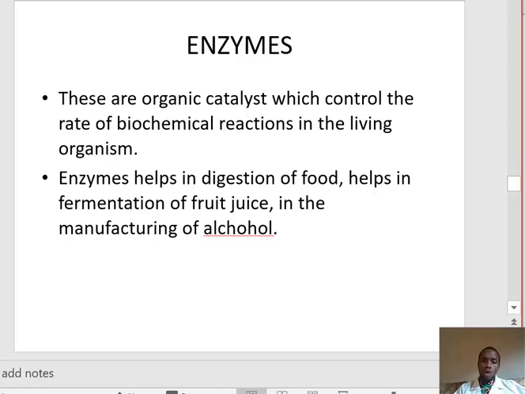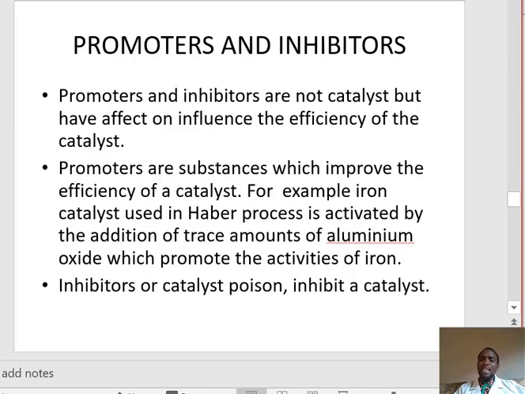They are also catalysts. Another thing that is not really a catalyst but also influences the action of a catalyst is the promoter or inhibitor. The promoter and inhibitor are not catalysts, but they influence the efficiency of the catalyst. Promoters are substances which improve the efficiency of a catalyst.